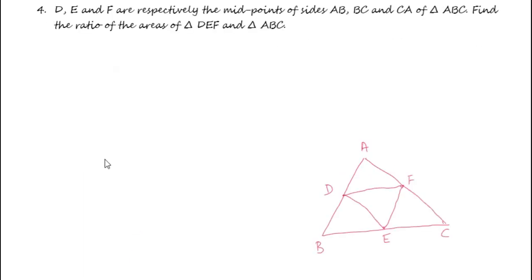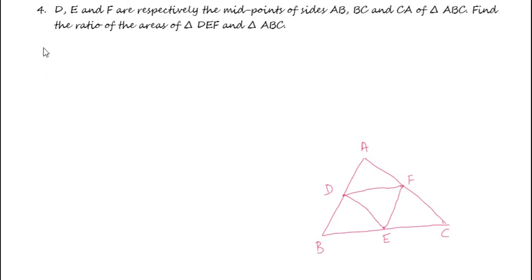Fourth exercise. D, E, F are respectively the midpoints of the sides AB, BC and CA of triangle ABC. Find the ratio of the areas of DEF, the middle triangle, and triangle ABC. Area of DEF divided by area of triangle ABC.